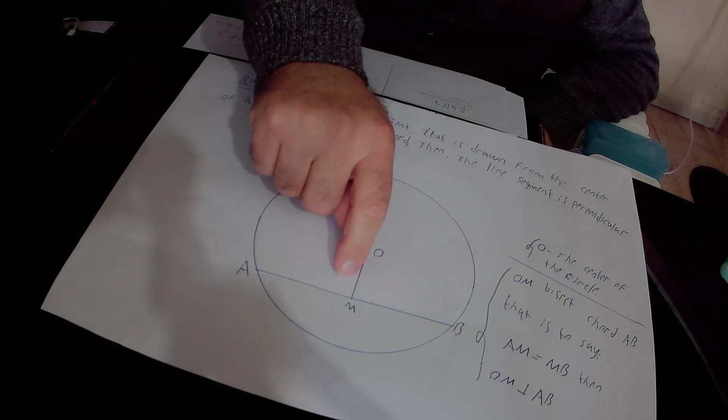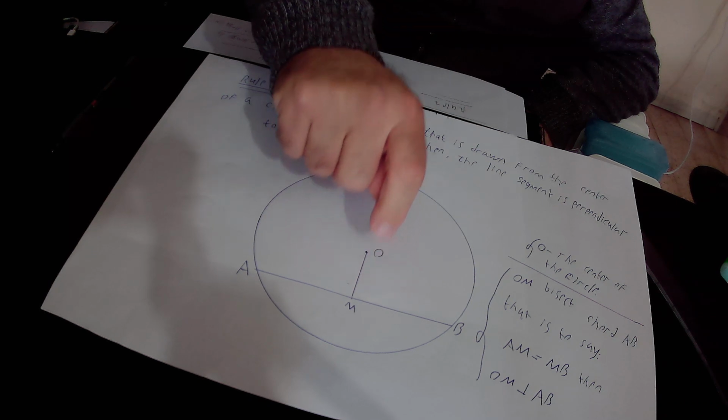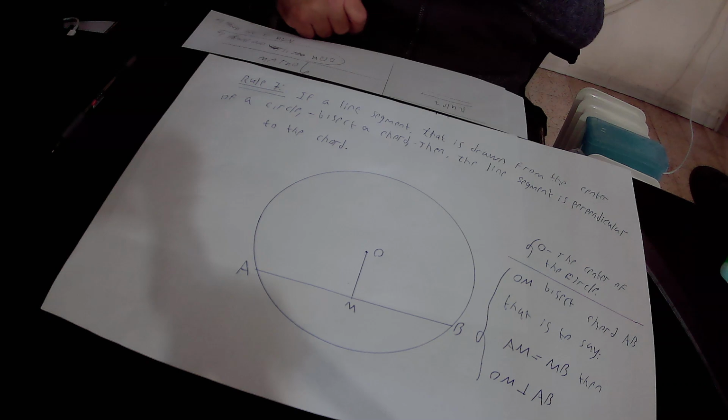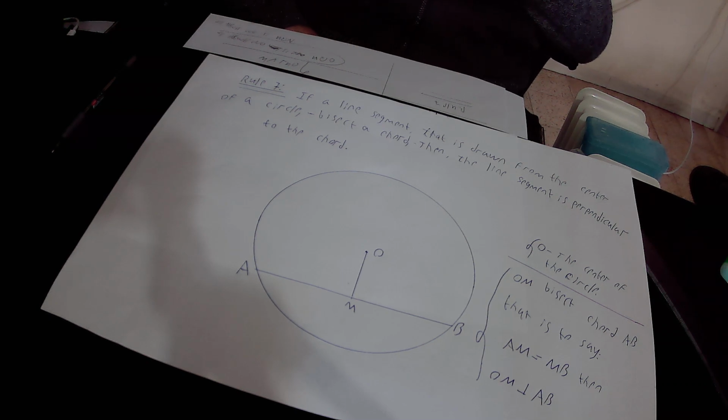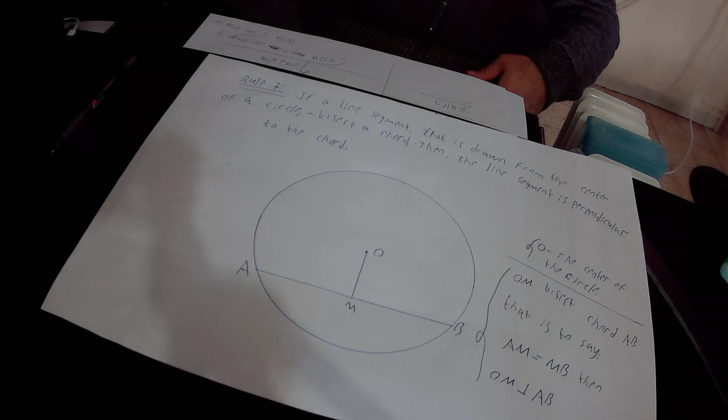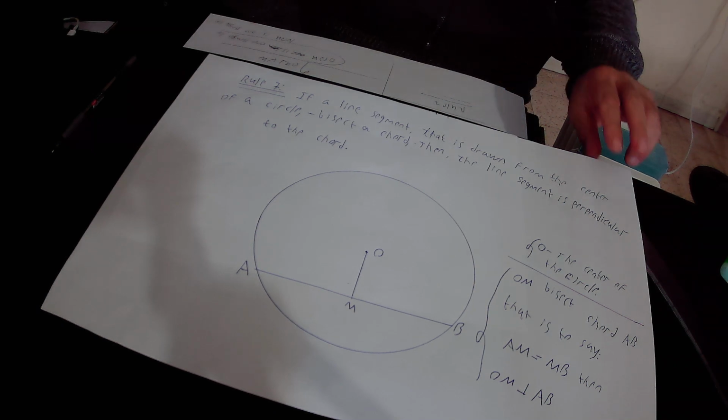That is to say this angle will be equal to 90 degrees and this angle will also equal 90 degrees. Okay? So whenever a line segment that is drawn from the center of the circle bisects the chord, then the line segment will also be perpendicular to the chord. So we can implement rule number 7 in our drawing.